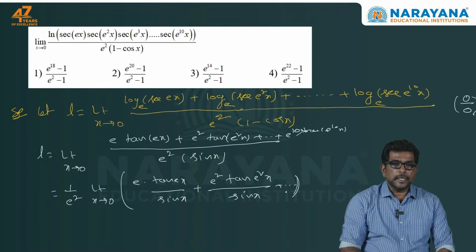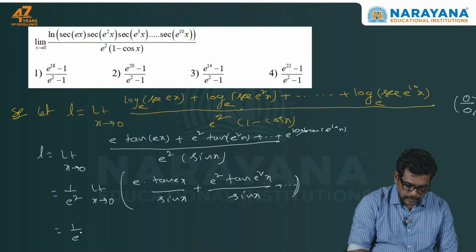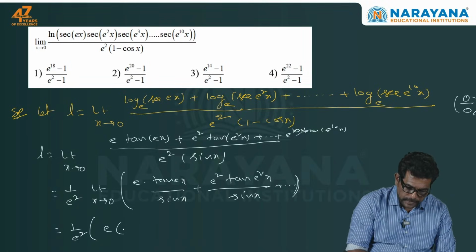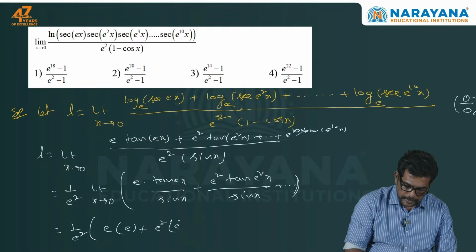Individually, if we are applying limit x tends to 0, this becomes 1 by e square times e into limit x tends to 0 of tan ex by sin x, which becomes e, plus e square into tan e square x by sin x, which becomes e square, plus so on.